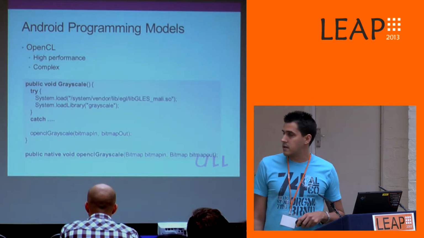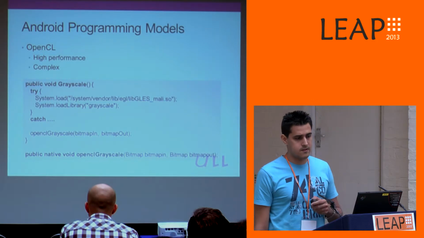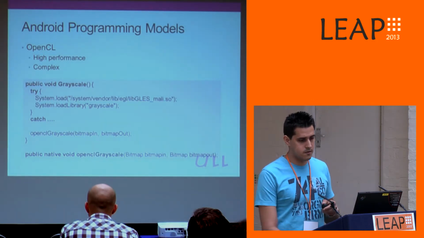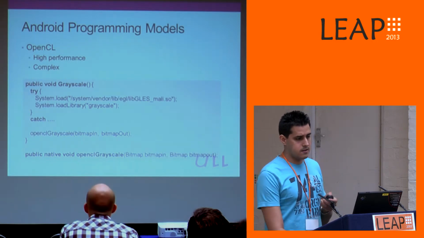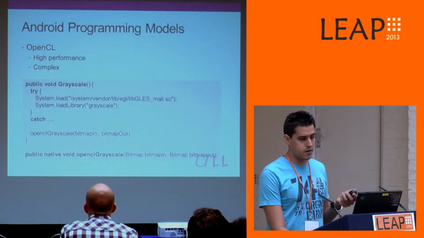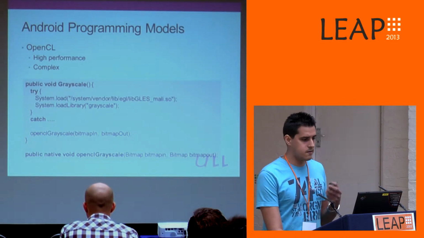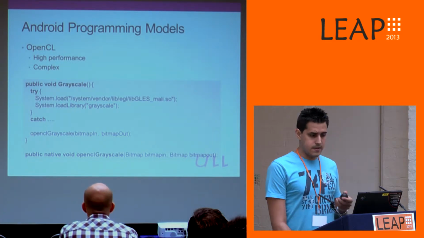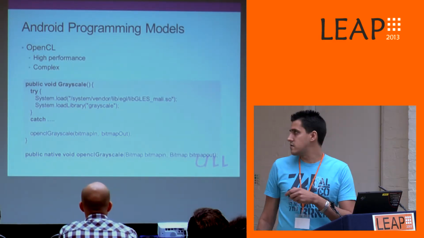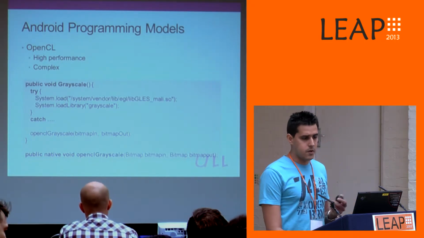Another model is OpenCL, and OpenCL is designed to accelerate some sections of the application. Its implementation is defined in the native model, and OpenCL increases the complexity of the native model. The Java implementation is similar to that presented for the native model.